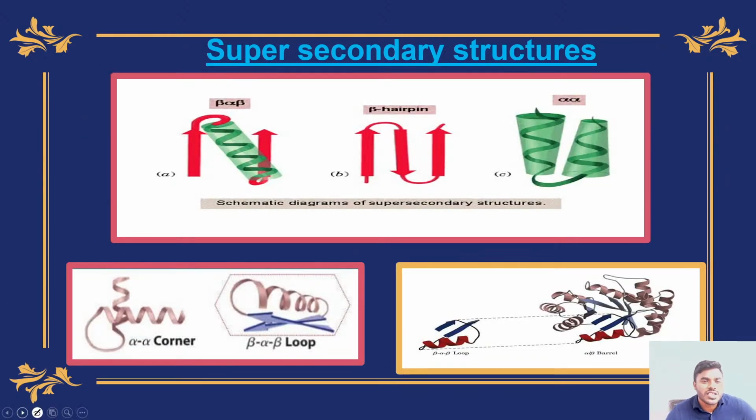Friends, please look into the possible super secondary structures. I have clearly mentioned and told all of you that every protein has alpha and beta. There is no doubt about it. Some proteins contain only alpha, some proteins contain only beta. Now look into the combination of these super secondary structures.